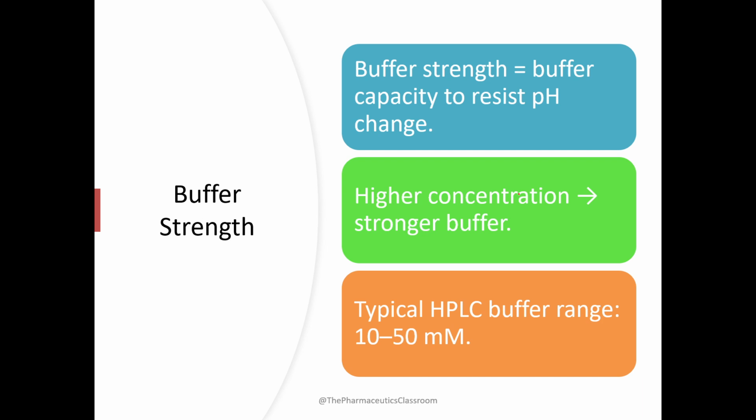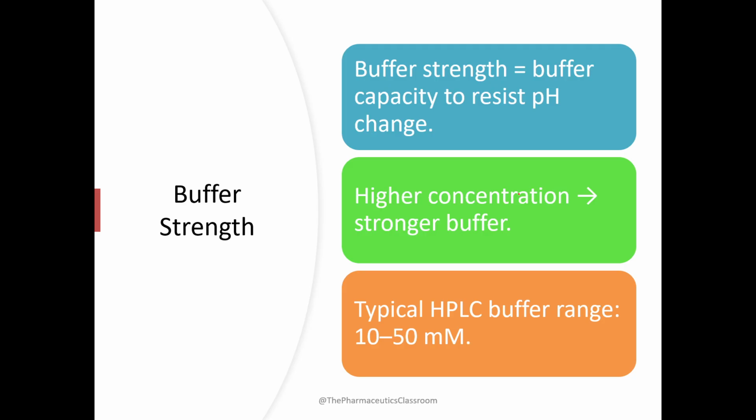So buffer strength is equal to buffer capacity. If you are using 10 millimolar, it has less capacity. If you are using 5 or 10 millimolar and a lot of drug molecules get ionized, the buffer will not be able to handle that much pH change, so it may change the pH.